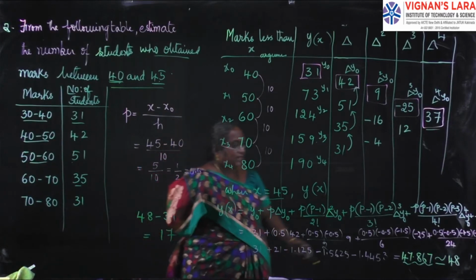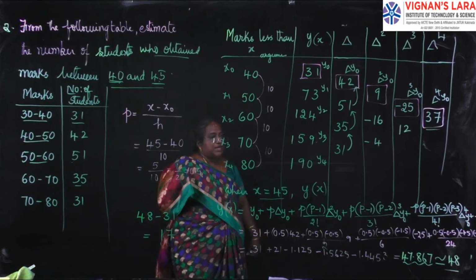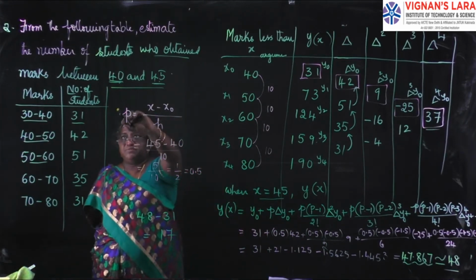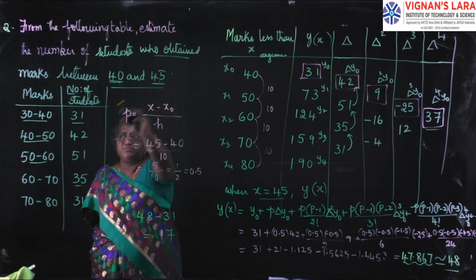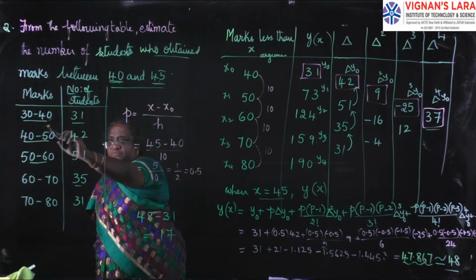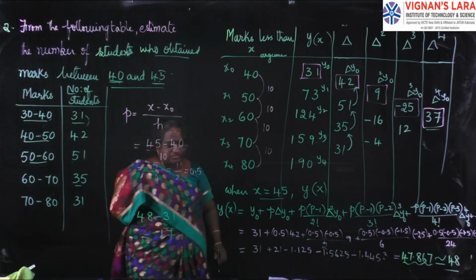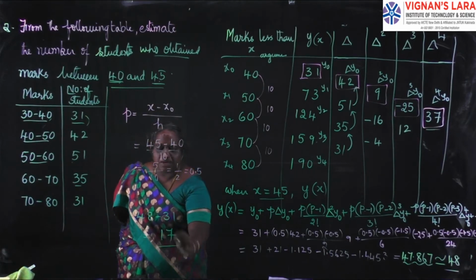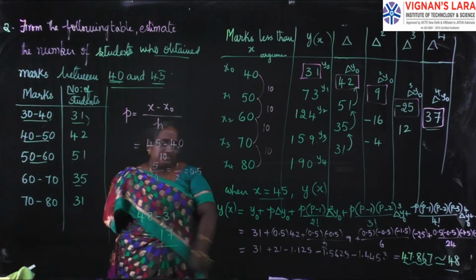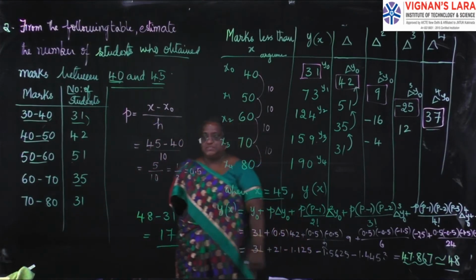This we calculated for students who are getting marks less than 45, which is 48. But we want students getting marks between 40 and 45. Up to 45 we have 48, which means we have to subtract 31. This is how you have to calculate when the interval is given.